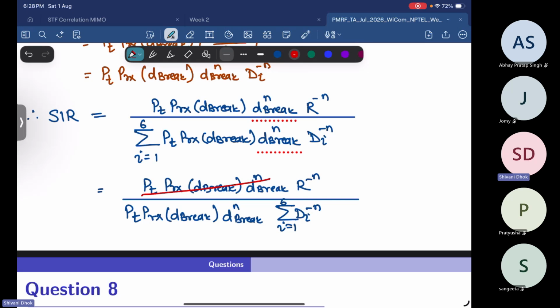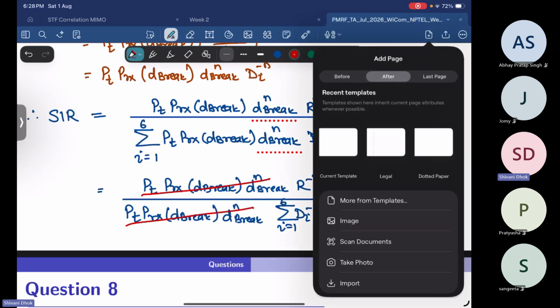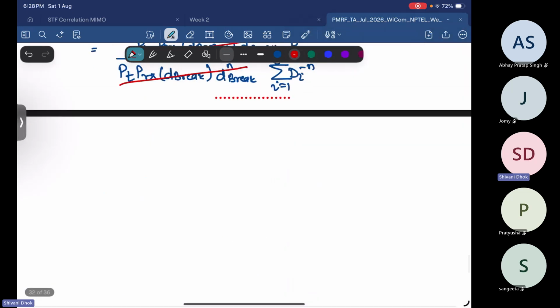So these are common factors, these get cancelled. What we are left with is the signal to interference ratio is r to the power minus n divided by summation i equal to 1 to 6 di to the power minus n.